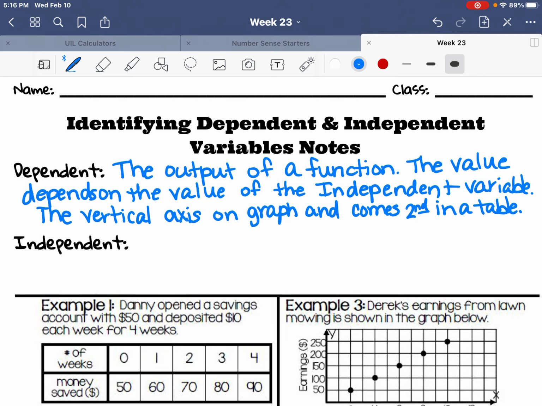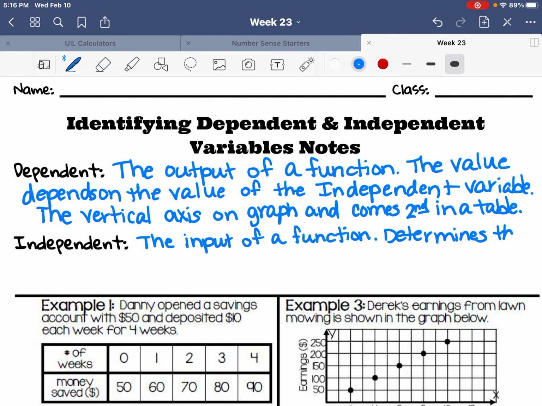Okay, the independent variable is the input of a function or a relationship, and it determines the value of the output.